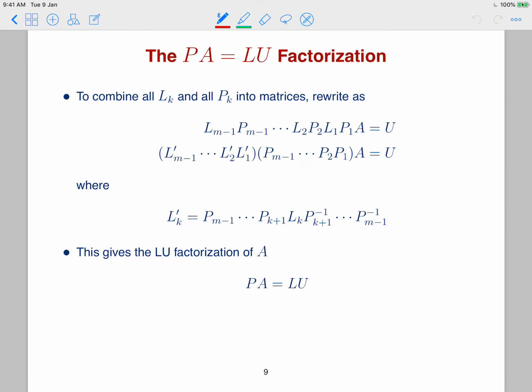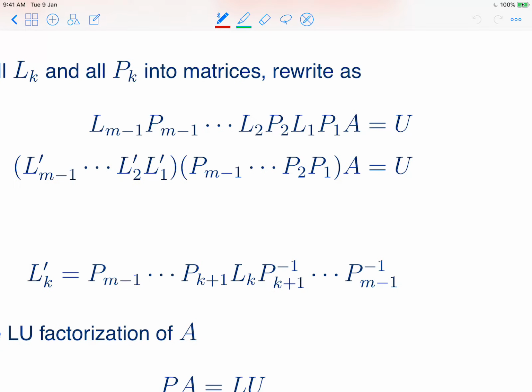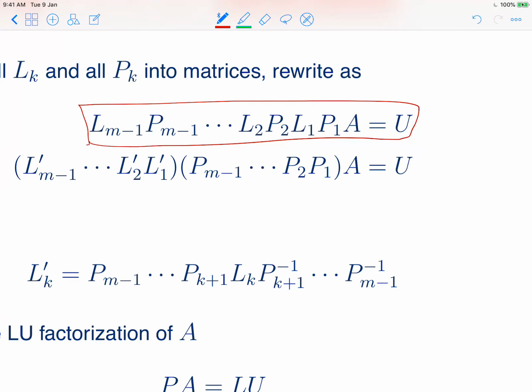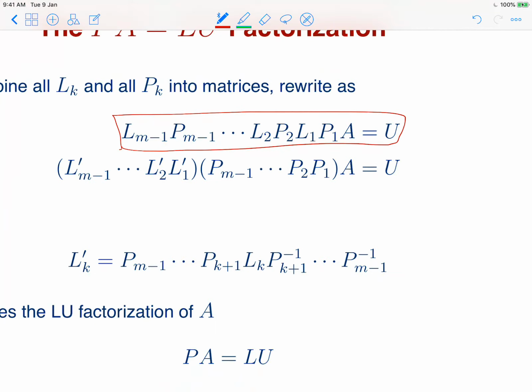Okay, so in this case, as I mentioned, this intermingled product between L's and P's, we can rewrite it in this form where we move all of these P's to the rightmost part, followed by the product of the matrix L's on the left.